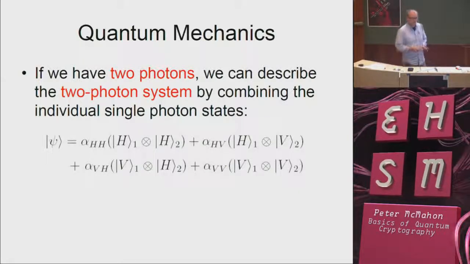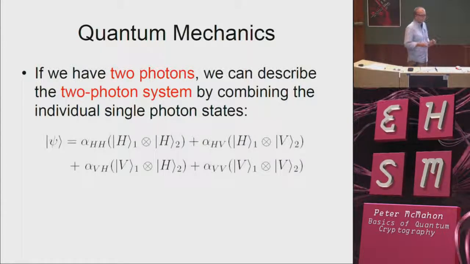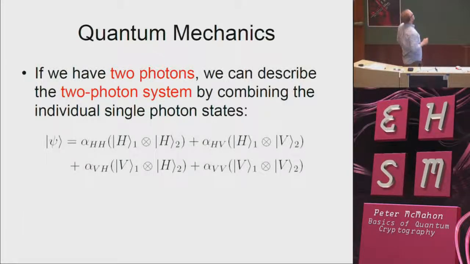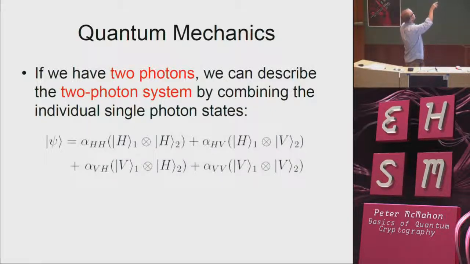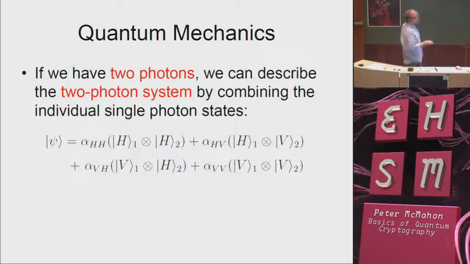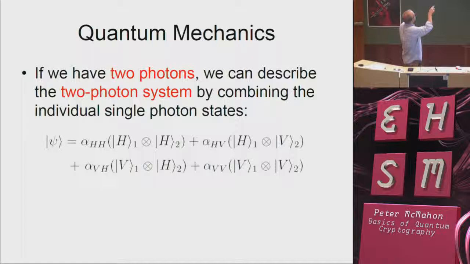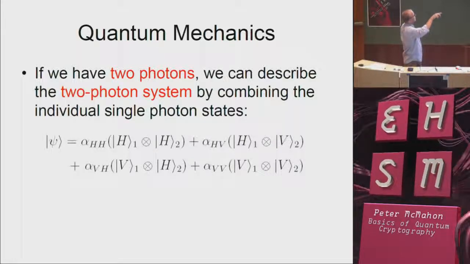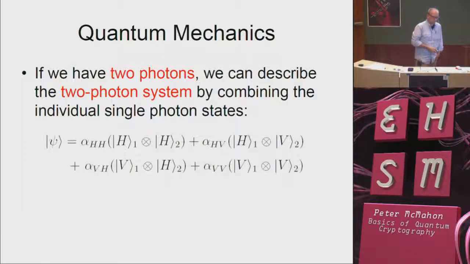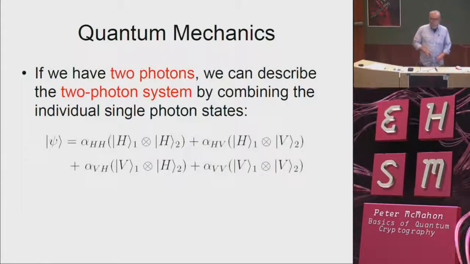The most general way you can describe the polarization state of two photons is the following: the state of the two-photon system is described by an amplitude for the first photon being horizontally polarized and the second photon being horizontally polarized, the first photon being horizontally polarized and the second photon being vertically polarized, the first photon being vertically polarized and the second photon being horizontally polarized, and finally the state where the first photon is vertically polarized and the second photon is also vertically polarized. This is nothing too surprising. If we're saying that both photons can be either H or V, of course, there are 4 possibilities.